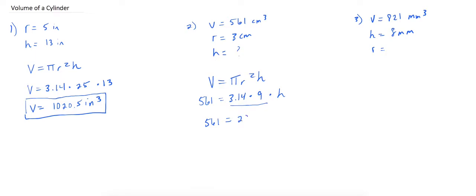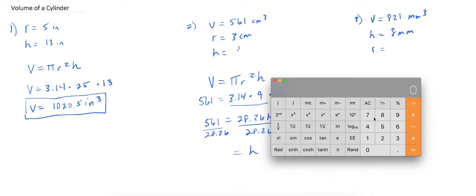So I have 28.26 h. Now my goal is to get the h by itself to find out what the height is, so I'm going to divide both sides by 28.26. And I wind up with h is equal to 561 divided by 28.26, which is, let's say, 19.9.